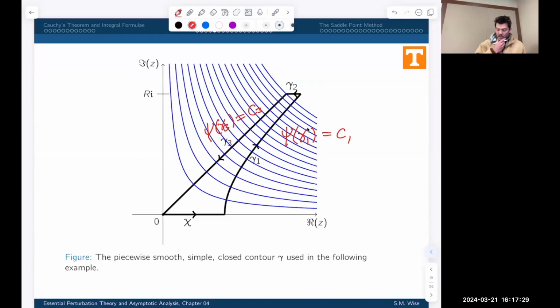What are the other things that I need? I said that phi has a maximum along this contour. Phi and psi are both real numbers; when I evaluate them on these contours, they're still real valued. What I want is phi to have its maximum along this contour at this point where it joins up with chi.